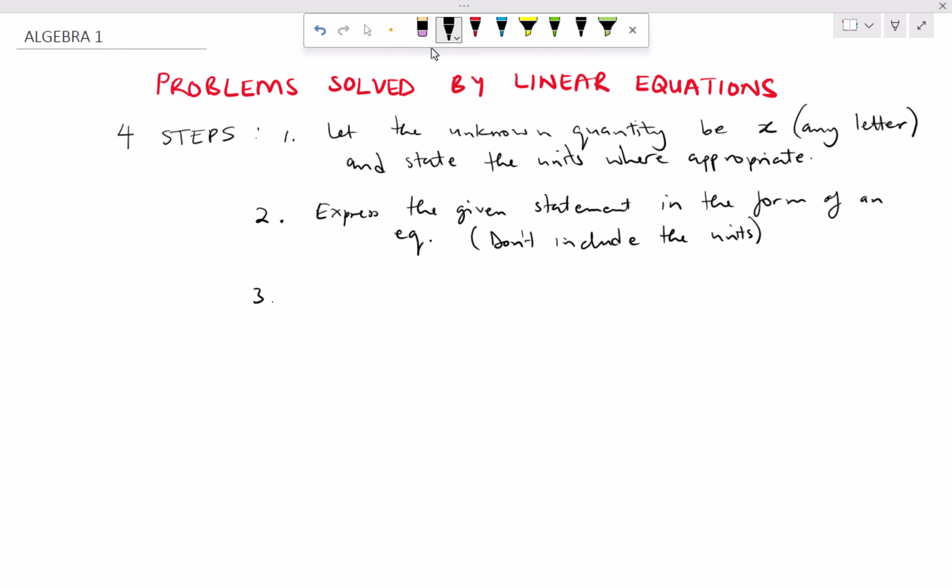And then step number 3, you're going to solve the equation for x, or whatever letter you would have used. Let's say you'd have used B, you're going to solve the equation for that letter, and you give your answer in words.